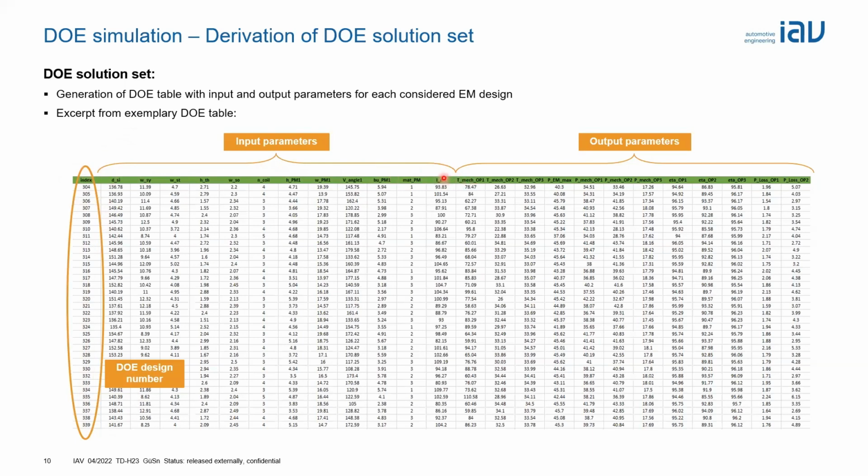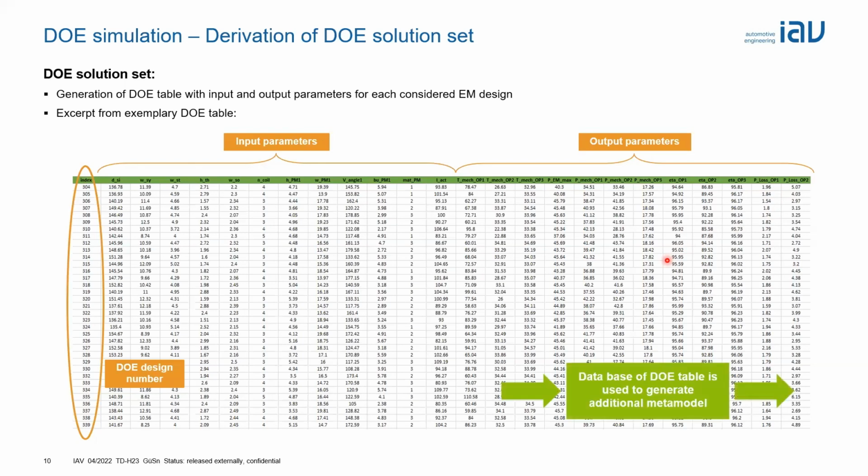In this case, we have 12 input parameters in total. And on the right-hand side are all the collected output parameters for all the designs. In this case, we have just a few output parameters, but in general, we usually have many more parameters. And this database is actually used to generate an additional meta model.